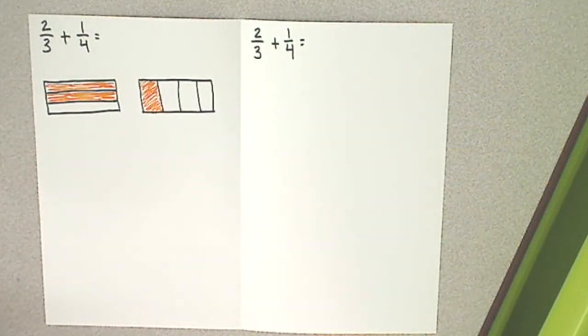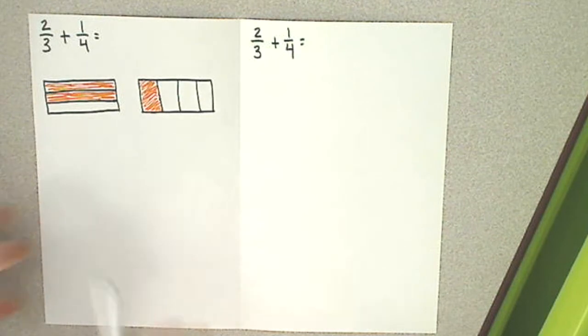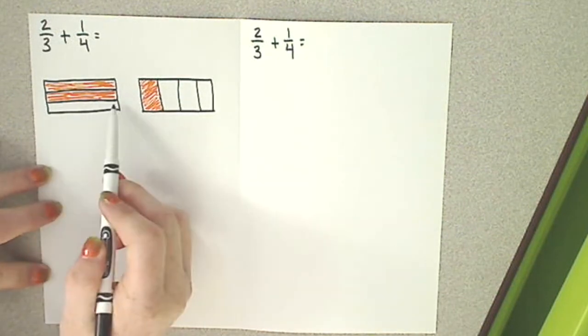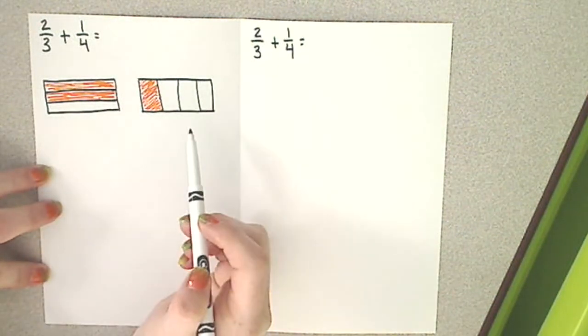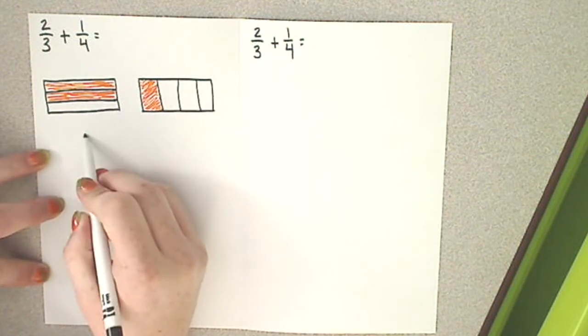Now we've talked about creating a common denominator by multiplying the denominators by each other. So in this case, 3 times 4 is 12. And I can create a model that has 12 pieces simply by drawing the horizontal lines and the vertical lines of the two models in one. So I'm going to draw.